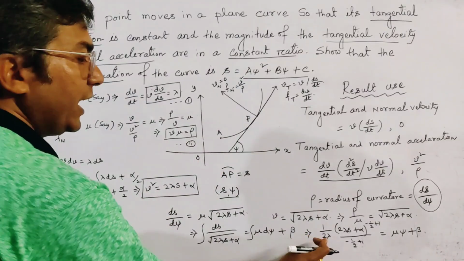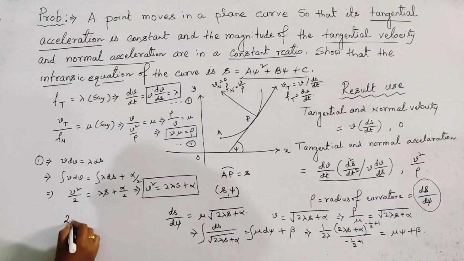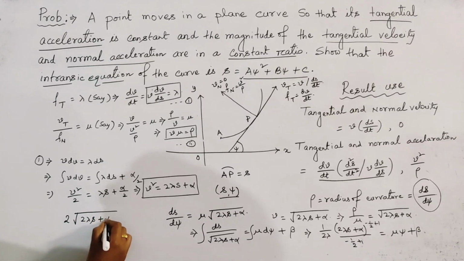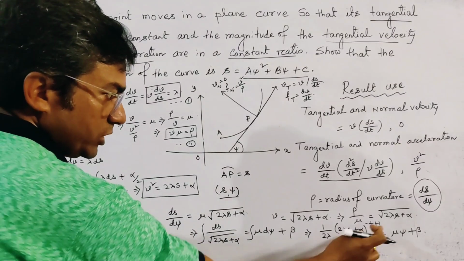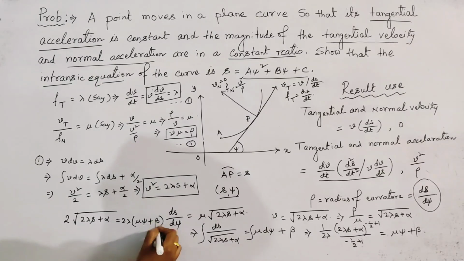From here we get 2 into root under 2 lambda s plus alpha equals, multiplying by 2 lambda on the right side, 2 lambda into mu psi plus beta.